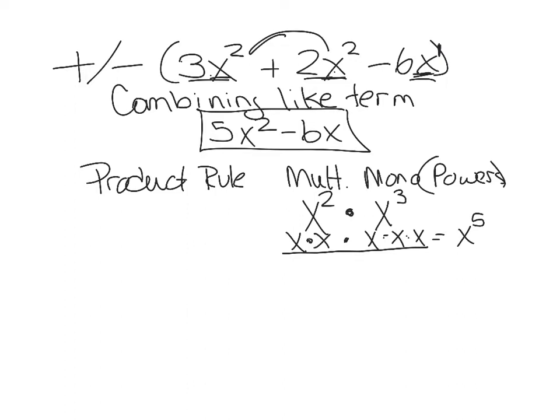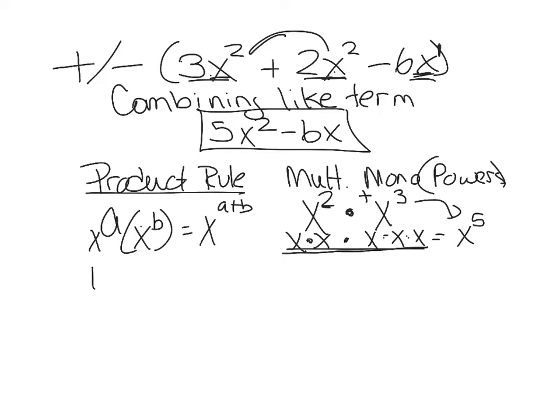So they noticed that you can simply add your exponents to get the correct exponent without having to expand it and count. So the rule is x to the a times x to the b equals x to the a plus b. So you're adding your exponents when you multiply.